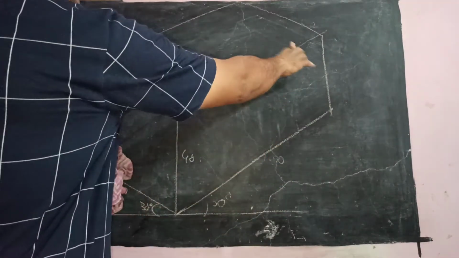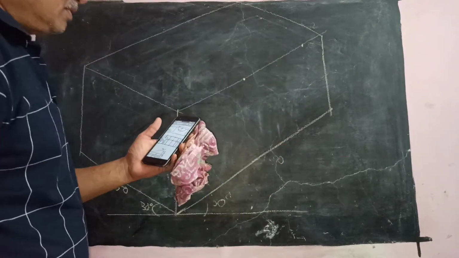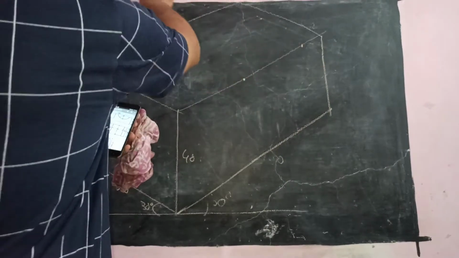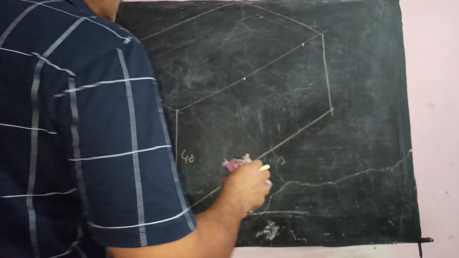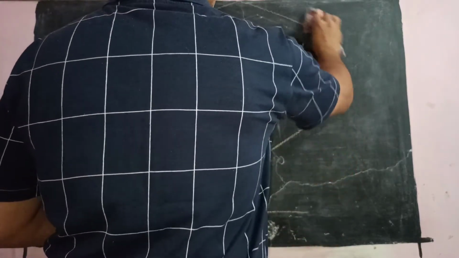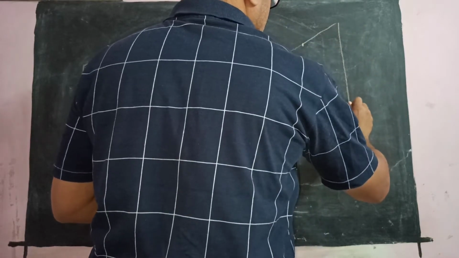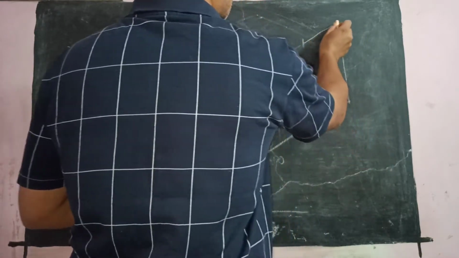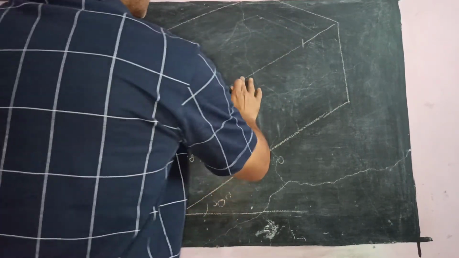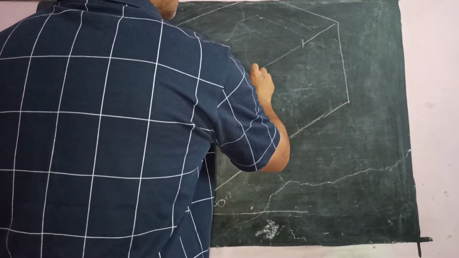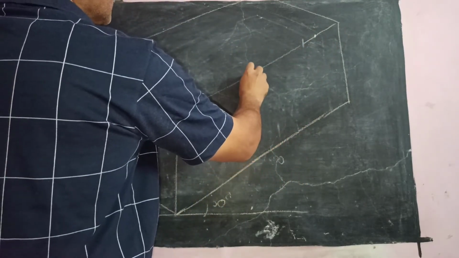Up to this there is a slot, so from here 10 is starting and then it is going like this. I will simply extend the length of this as 100. So you can find out this is 10 and this is 40.